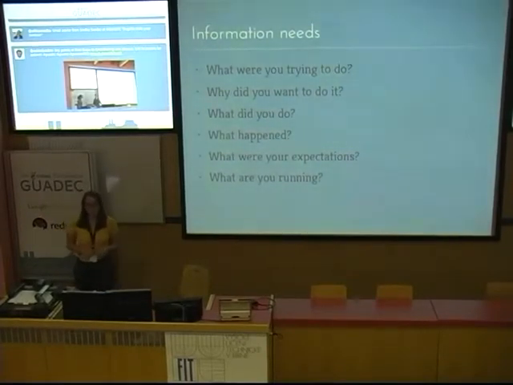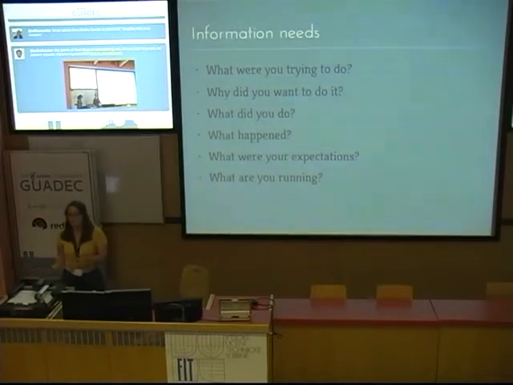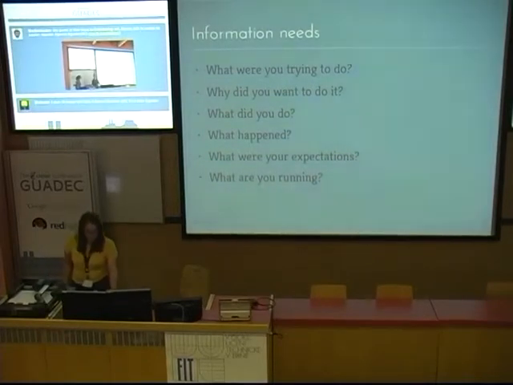What did you do, what exactly did you do during the interaction? What happened? What were your expectations? And what are you running? And again, I interviewed designers working with free and open source projects. So this is really pertinent for this domain, not for general usability reporting guidelines or whatever.